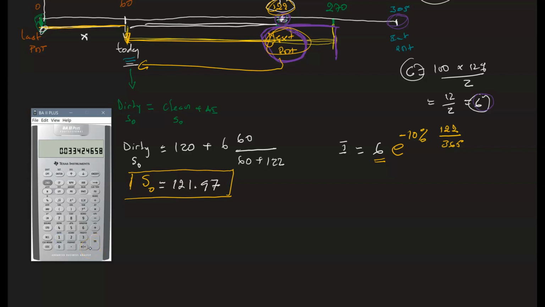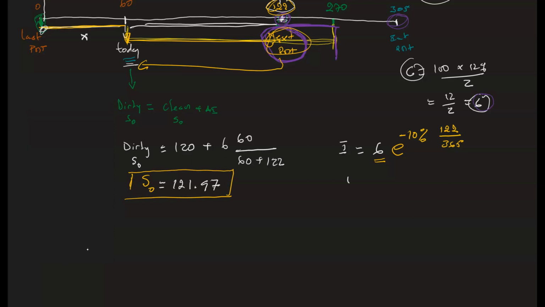That gives us that value there. We're going to put the negative sign, that's minus. We're going to do the exponential of that, so second function exponential. And we're going to multiply that value by 6, so times 6 equal. So we have 5.802, or 5.803 to round that up. That would be our income.